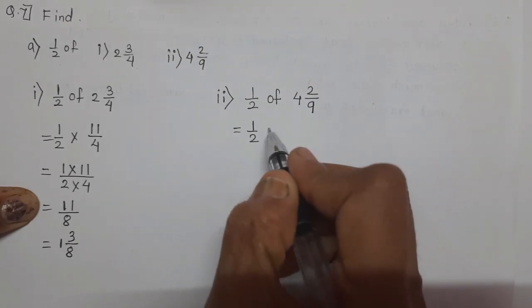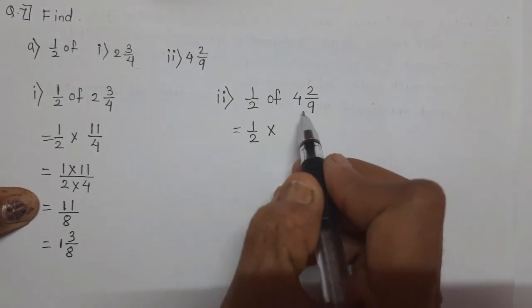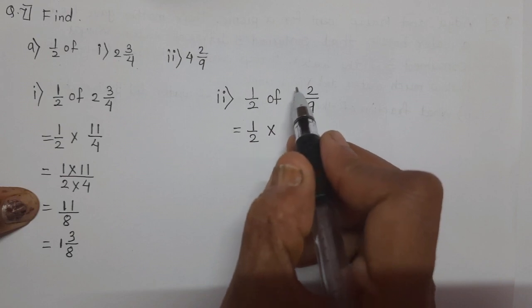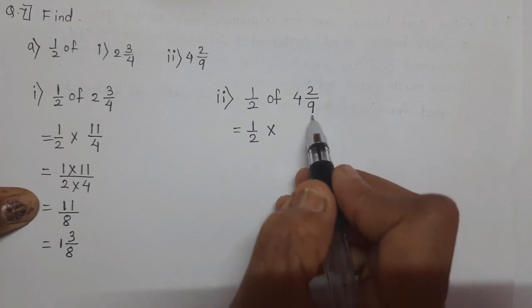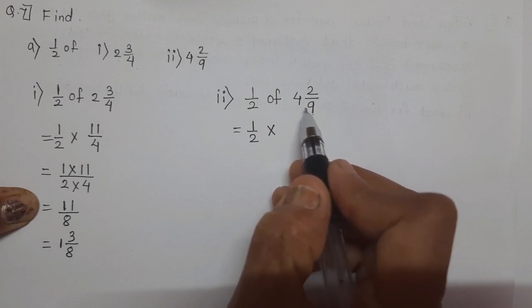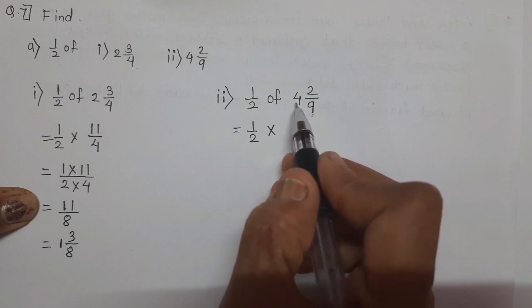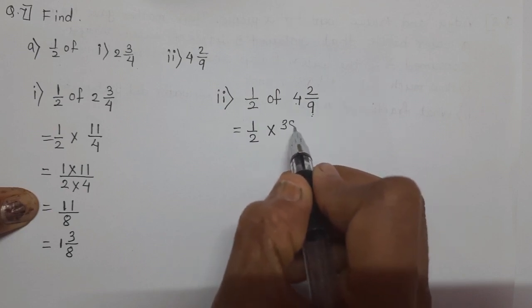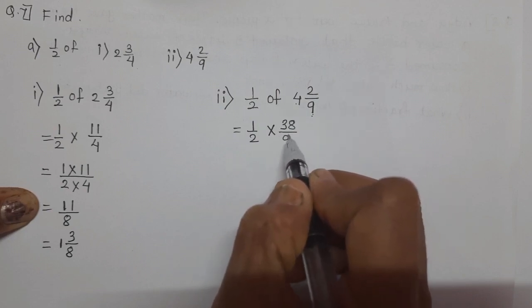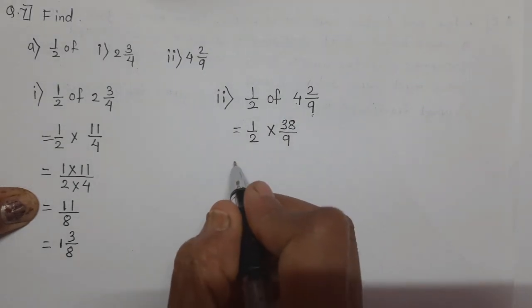Half of means multiplied. Now first what will we do? First we will convert this mixed fraction into an improper fraction. So 9 multiplied by 4. 9 4s are 36. 36 plus 2, 38. 38 upon 9.